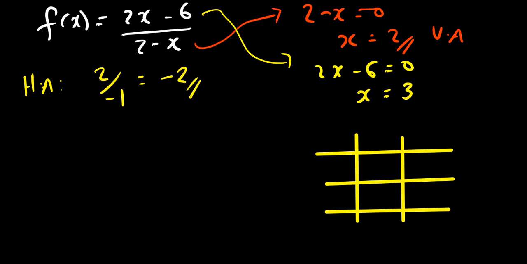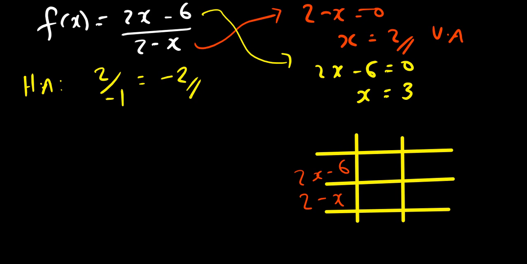So what are you going to have? The first equation that we had is 2 minus x. The second equation that we had was 2x minus 6. Now what values did these give us?